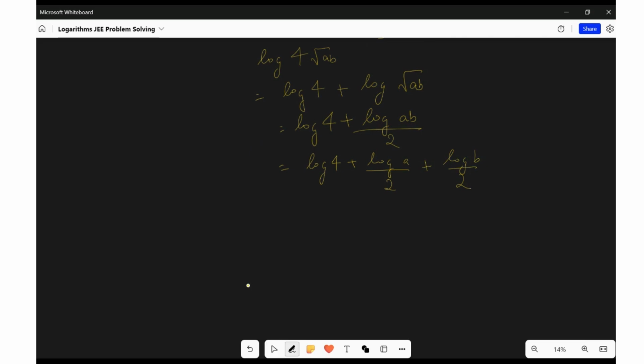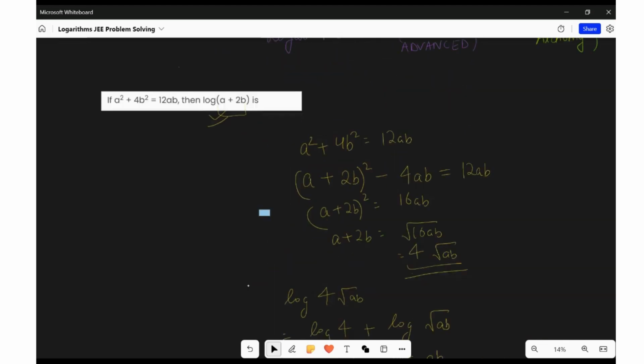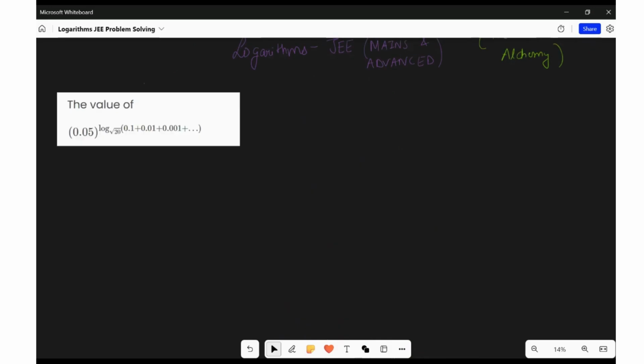And that's how the option may look when it comes in the company exam. Otherwise it can't be simplified further. This is the final expression which we get. So this is how we derive the value of log of a plus 2b. Let's look at the next question.